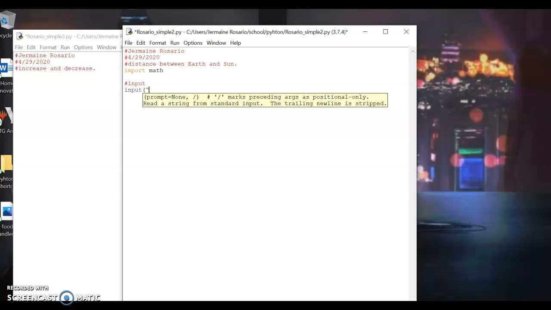So let's see how fast light travels. And then we'll say hit enter to continue.